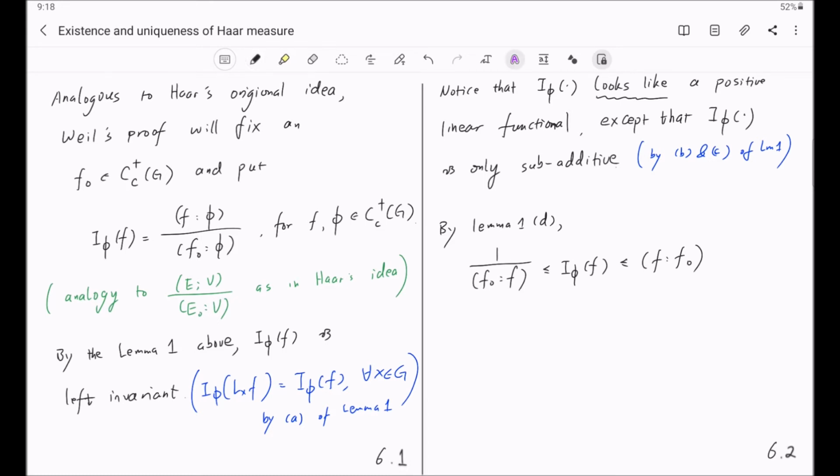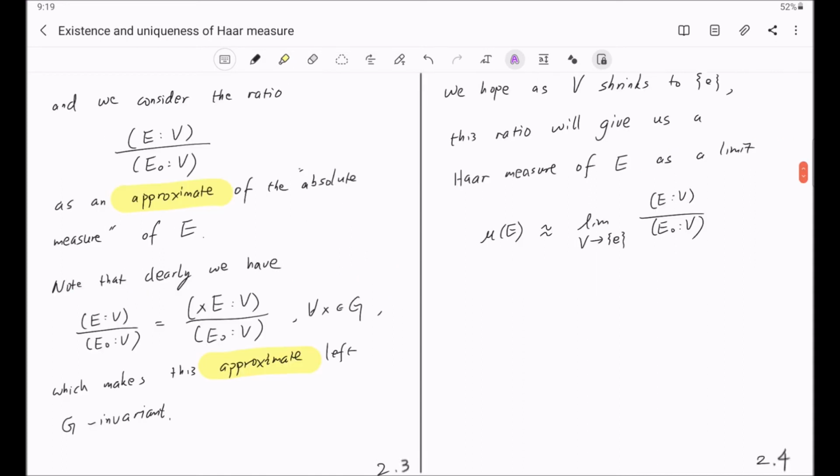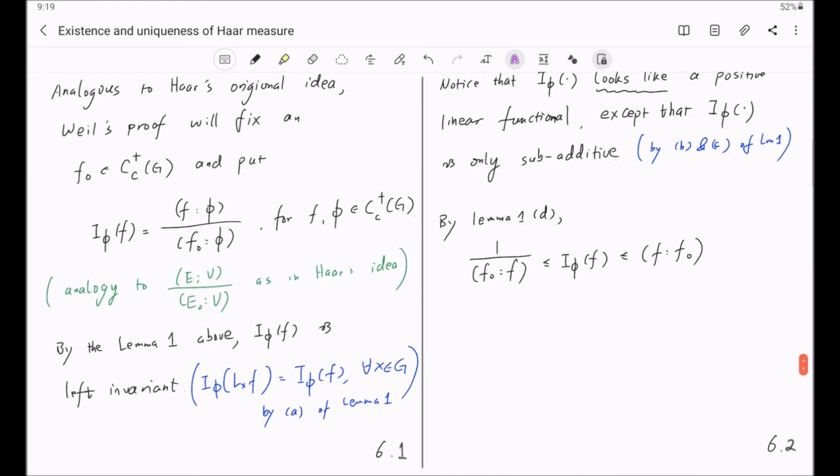And our next goal will be to show that I sub phi in here will play the same role as this quotient in Haar's original idea of proof using sets, which will approximate the Haar measure. Well, in our situation, this subadditive functional will approximate a positive linear functional.